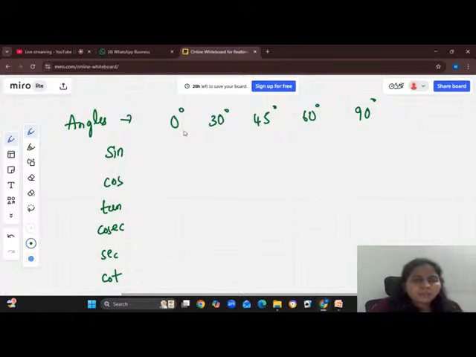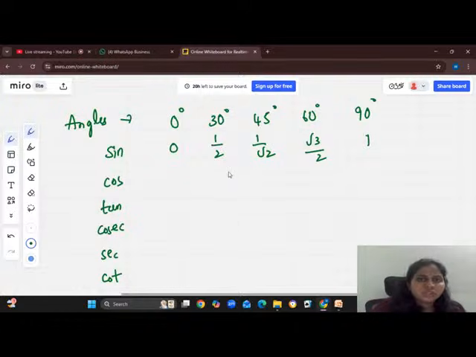And how to remember this, I want to tell you a trick now. Just remember the sine values. Sine 0 is 0, sine 30 is 1 by 2, then 1 by root 2, root 3 by 2, and the last is 1.